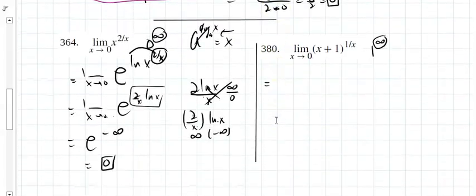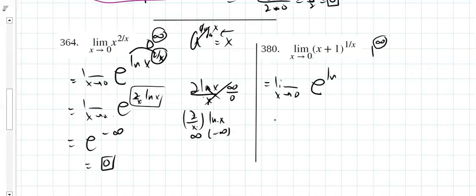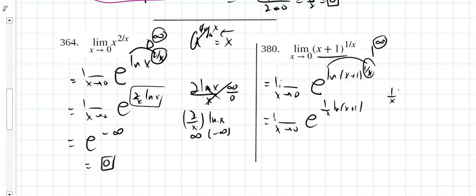So when I see the limit and I see 1 to the infinity, I'm going to say that's going to equal the limit as x approaches 0 of e to the natural log of whatever that is, because that's equal to the function itself. Limit as x approaches 0 of e, and I could move that to the front, and that looks like 1 over x natural log of x plus 1. Again, algebraically, I could say that's 1 over x times natural log of x plus 1, or I could say that's natural log of x plus 1 divided by x.